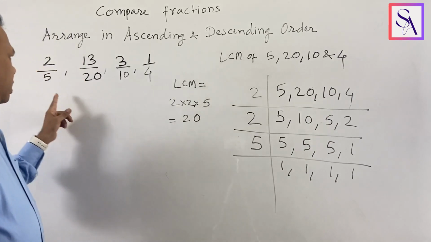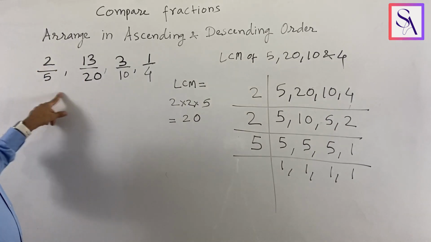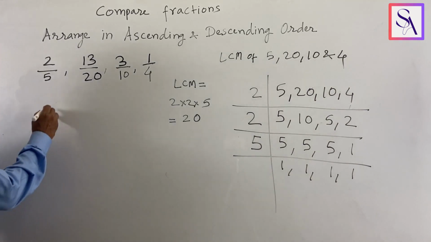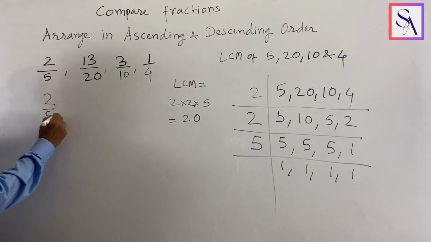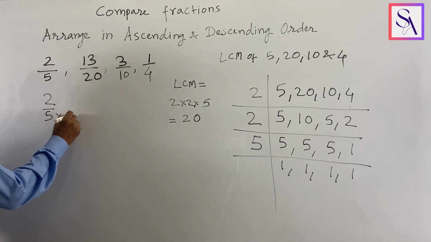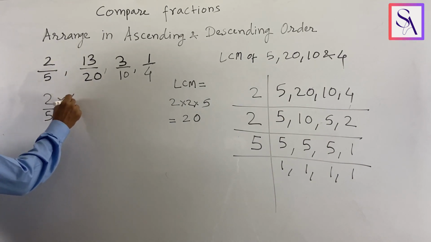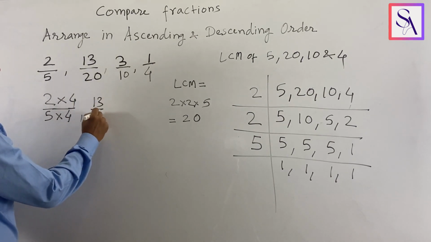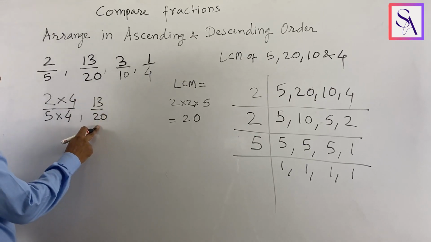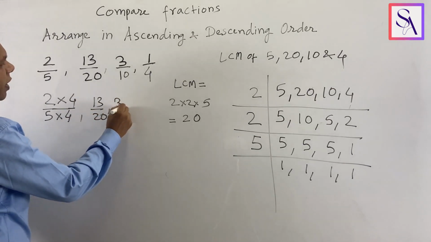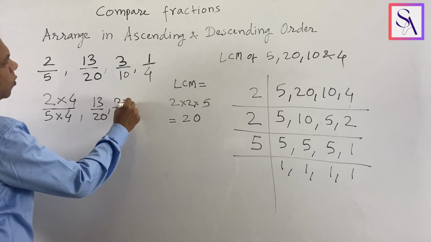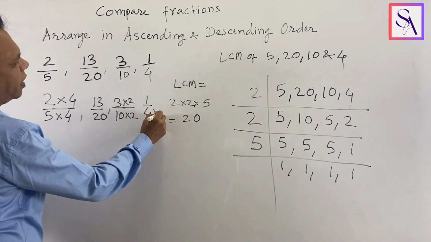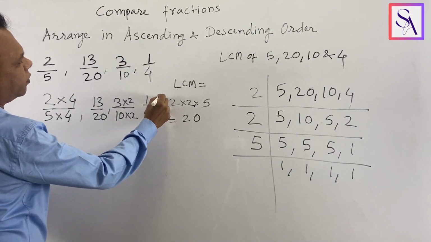Next step, I need to make all these denominators 20. How am I going to make it? For 2 by 5, I will multiply 5 by 4, then the numerator by 4. Then 13 by 20: 20 already is there, so no need to change it. Then 3 by 10, I will multiply by 2 and 2, and the last one is 1 by 4, so I will multiply by 5 and 5 here.